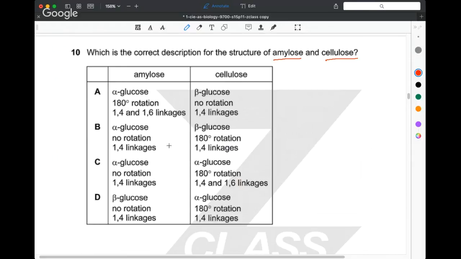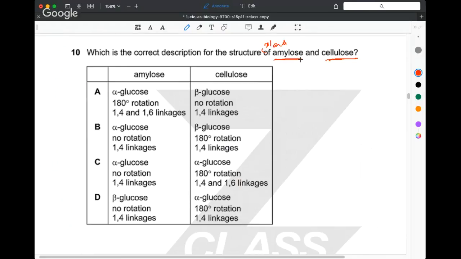So before we dive into the table here, both these are polysaccharides that are found in plants, aren't they? Because cellulose is a polysaccharide that's used in the cell wall of plant cells, and amylose is one of the polysaccharides that you find in starch, which is an energy store for plant cells. So these are both polysaccharides found in plants, and we have to look at the similarities and differences between them.